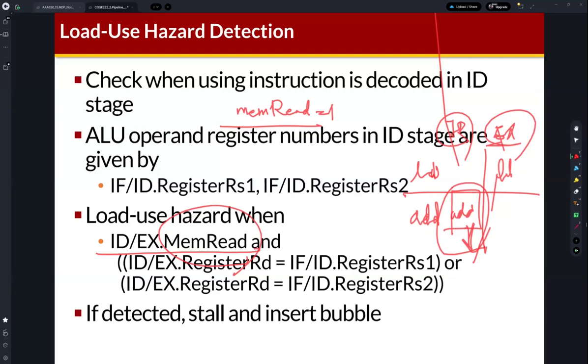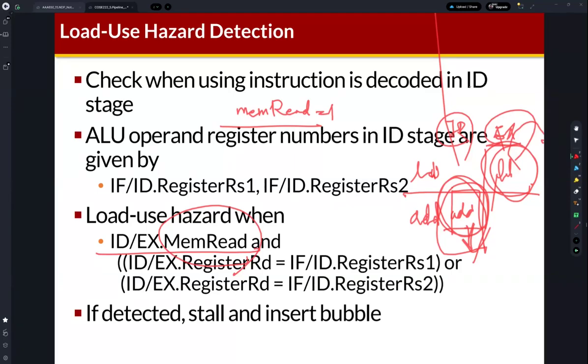Okay, so this is the pipeline stall. Then what will happen? The add instruction will stay in the ID stage, and the load instruction will be propagated to the memory stage. Then we can get the result of this load instruction from the data memory, right?